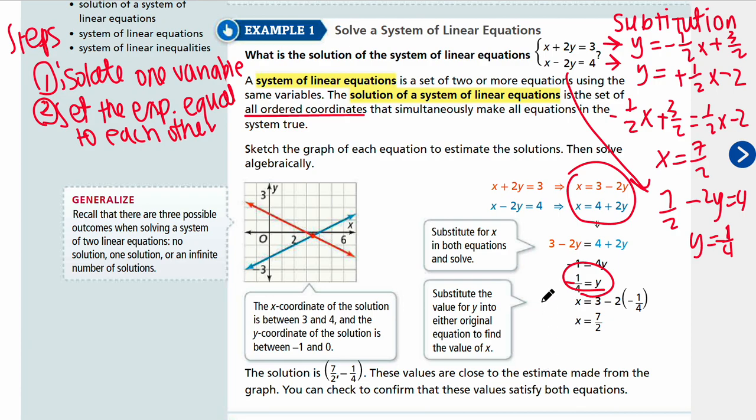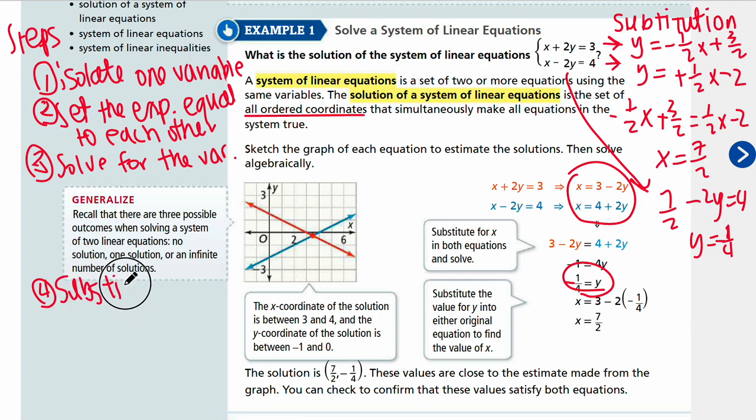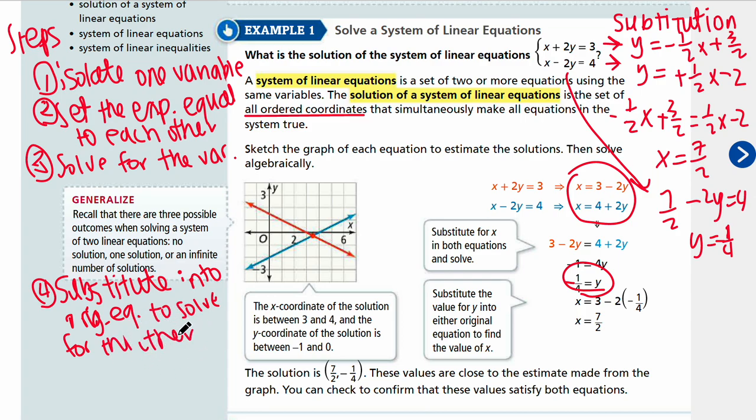Yeah, so this is the substitution method. You will isolate one variable and then set the expressions equal to each other, and then solve for the variable, and then you will substitute into the original equation to solve for the other variable.